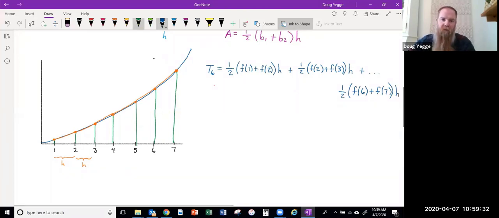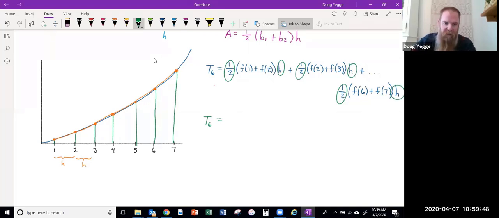But if we look at a little more detail here, we should realize that what's really happening is that look at how 1/2 shows up in every one of these. And look at how h shows up in all of these. And look at how h is nothing more than delta x. So the height is delta x every time.